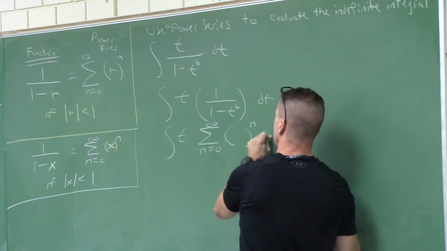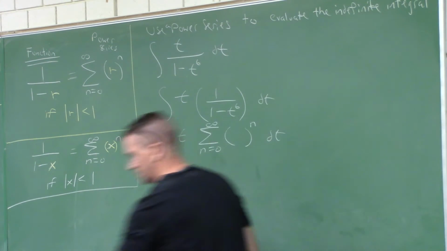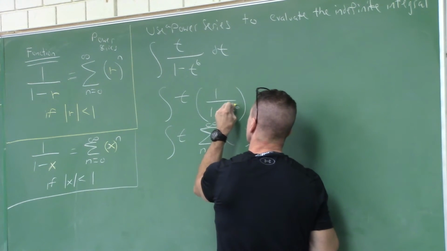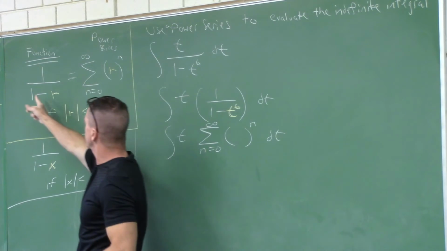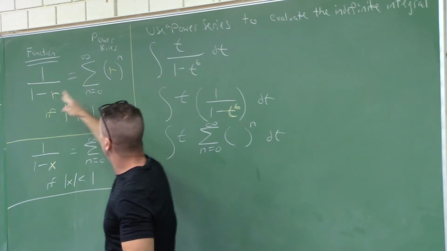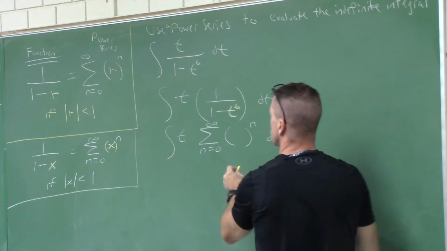This dt is still here. What goes here? I'm going to do it with color coding. Where's my yellow chalk? That's a t to the 6th. We know 1 over 1 minus blah equals the summation of blah to the n. We just have to put that blah there, right? That's where blah goes. So what do I put in there?